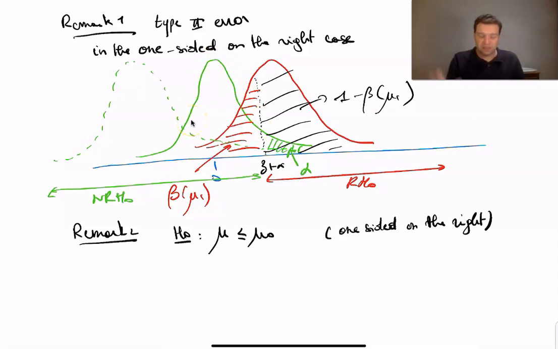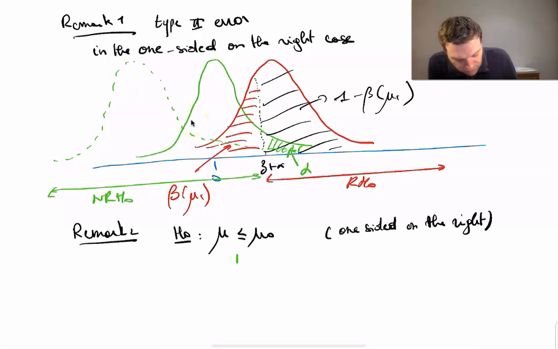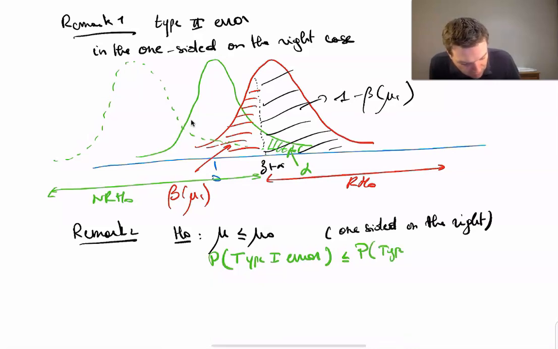That means the probability of type 1 error in this case is always smaller than the probability of the type 1 error when mu equals mu naught.